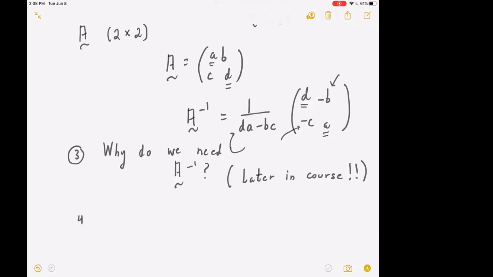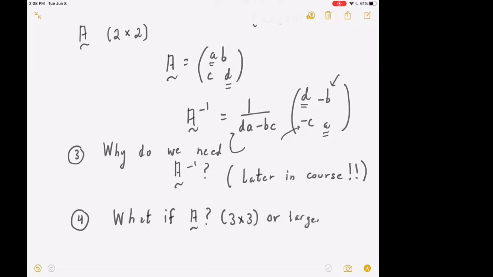Okay, so the fourth question is, what happens? We didn't talk about this last time. What if your matrix A is of order 3 by 3, or 3 rows and 3 columns, or larger?